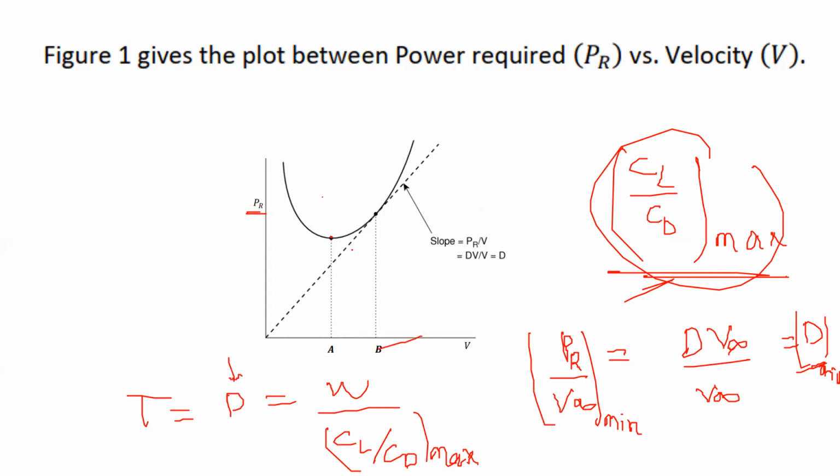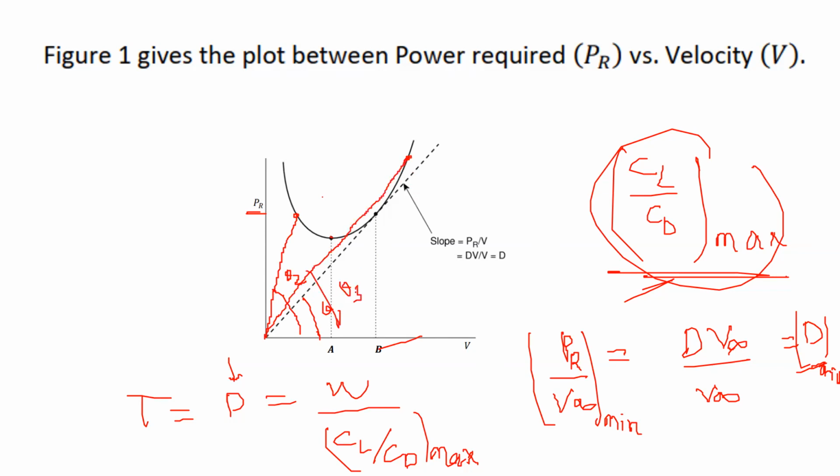And now, why is this the minimum slope? You can look at it this way. This angle is larger than this angle. Let's call this theta 2 and this theta 1. So theta 2 is larger than theta 1. And if I look at this angle, it is also greater than this angle.